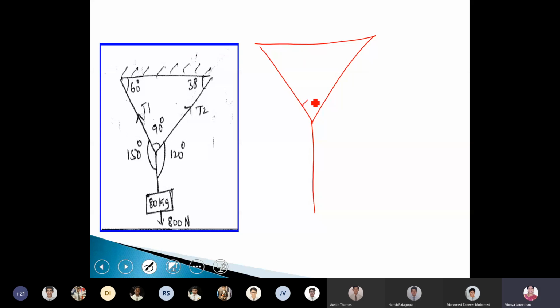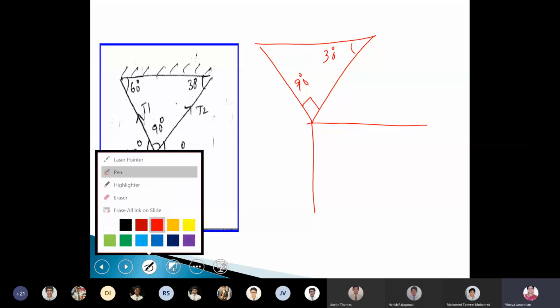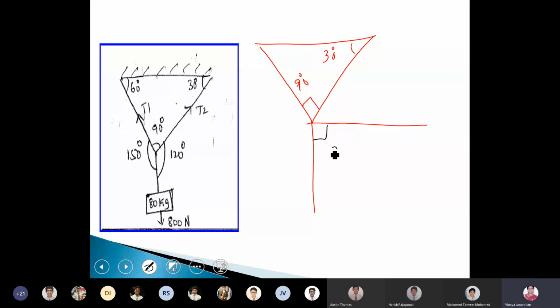So this angle was 90 degrees. This is 30 degrees. So what I'll do is I'll draw a horizontal. When I'm drawing the horizontal, what happens to this angle? This angle is 90, correct? I'm dropping a horizontal over here like this, so this angle becomes 90.